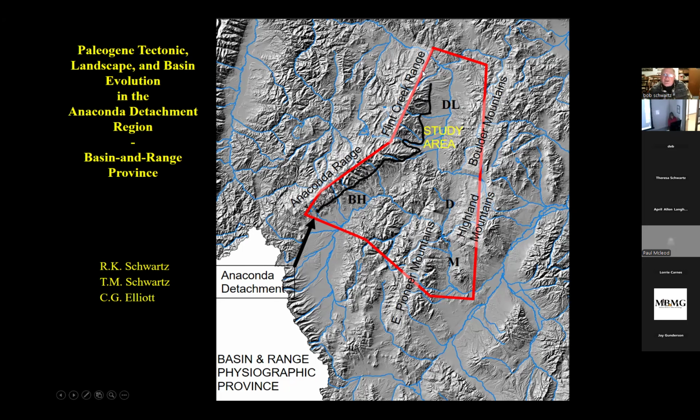On the western side of the study area is the Flint Creek Range and the Anaconda Range, and I'm just going to stick to the main ranges involved in the talk today. On the other side of the study area, the Boulder Mountains, the Highland Mountains, and the East Pioneer Mountains. And the basins that I'm going to be discussing are the Deer Lodge Basin, a little bit about the Northern Big Hole Basin, and the Melrose Basin.